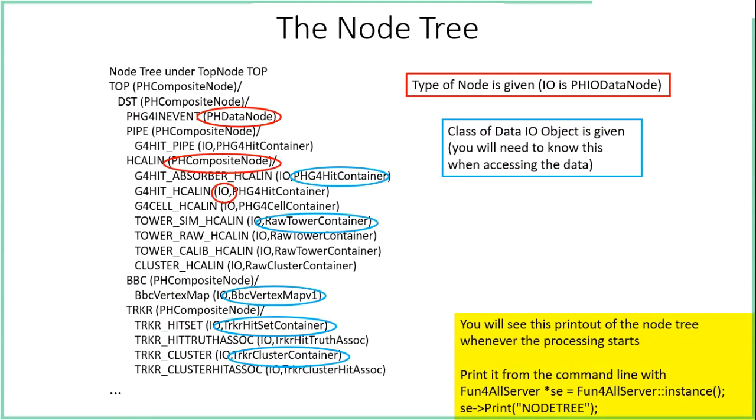And for IO objects, since they inherit from TObject, we can actually print out the base class, which is something you will need later on if you want to access the data. So if you look down on the lower right, if you print out the node tree, you get all the information you need when you want to write code which accesses these objects.